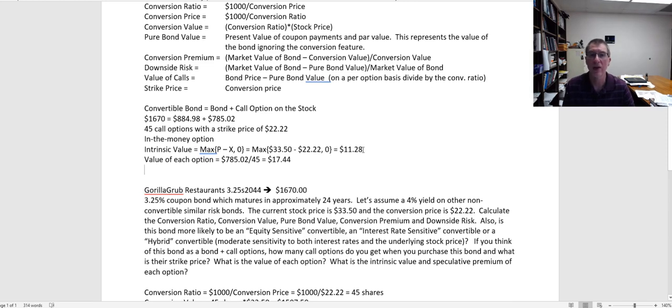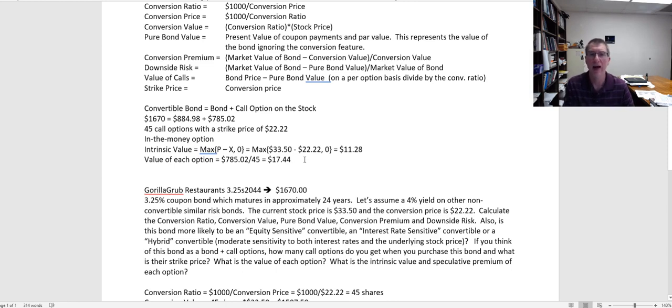If we converted this option, we'd be effectively taking the $11.28, but each option currently has a value of $17.44. Converting now gives up this difference. So we'd be giving up over $6 per option, and there are 45 options with each convertible bond. We don't want to do that.